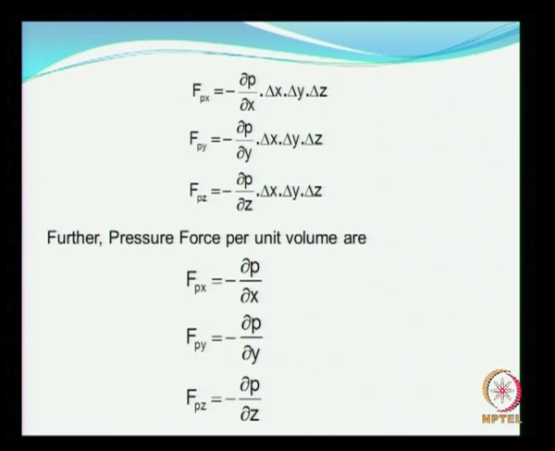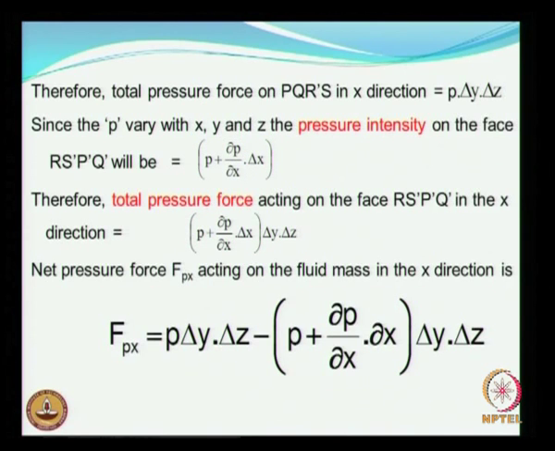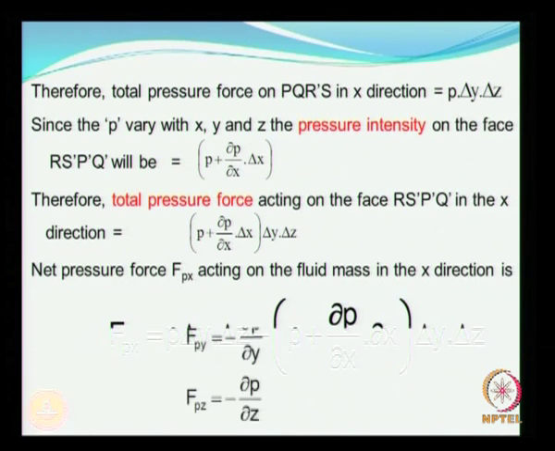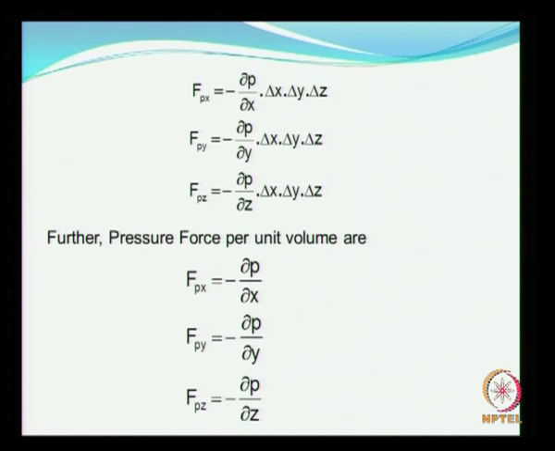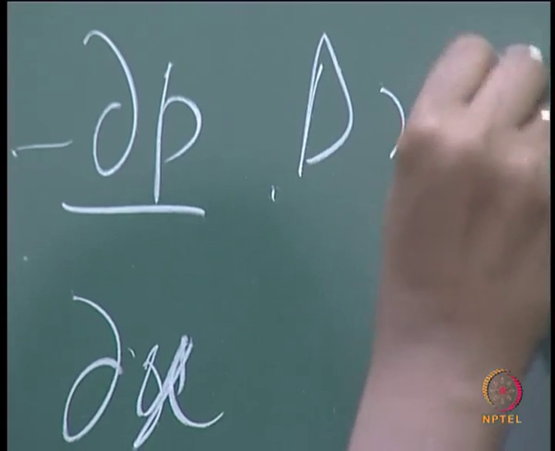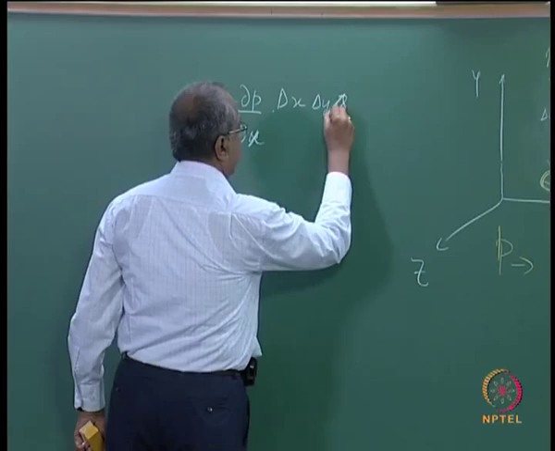When you take the difference between these two, that will result in minus dou p by dou x into delta x delta y delta z.